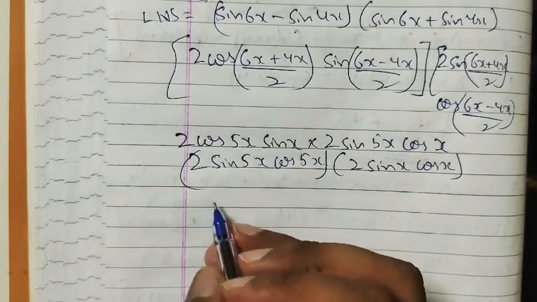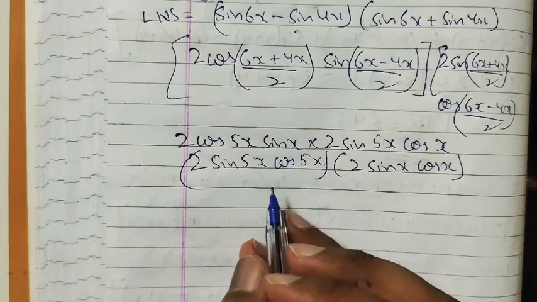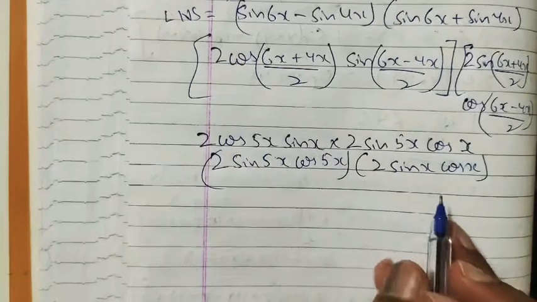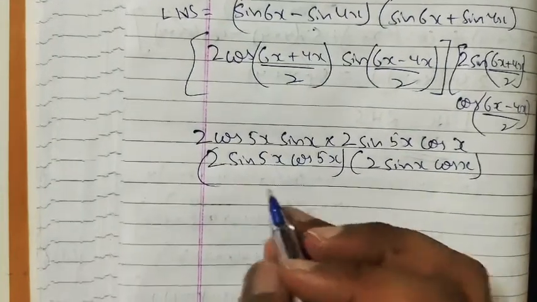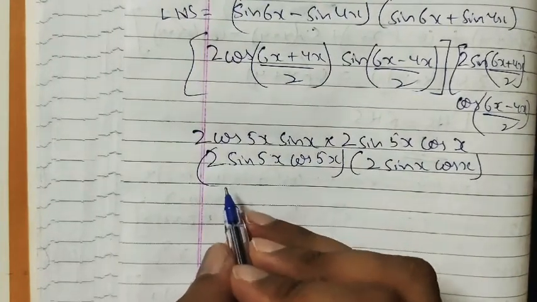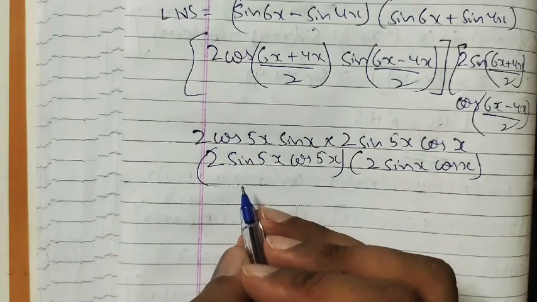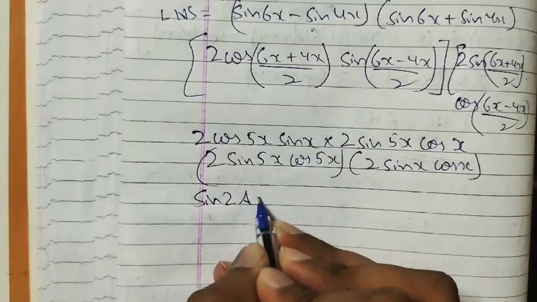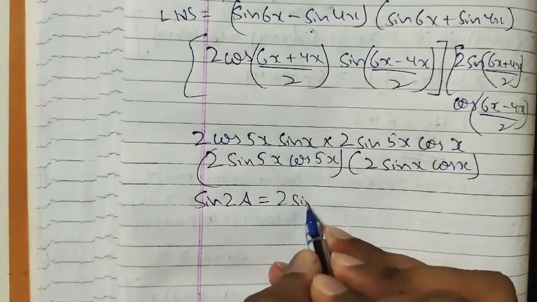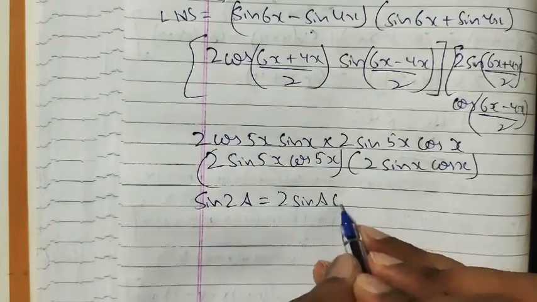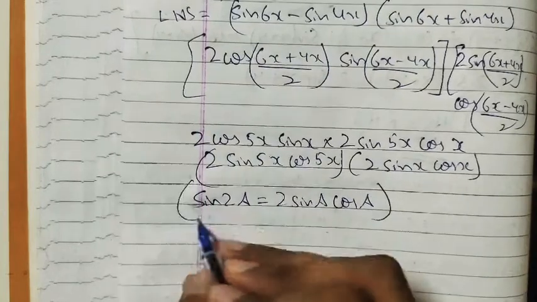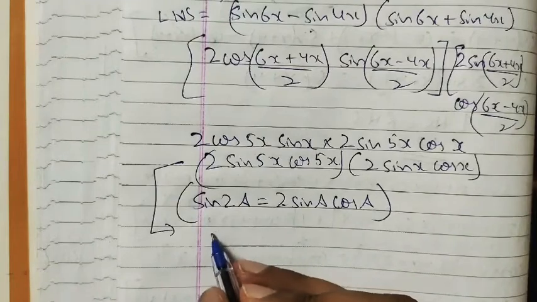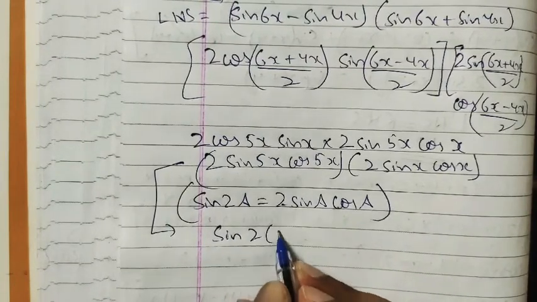Now using the identity 2 sin A cos A is equal to sin 2A, so sin 2(5x).